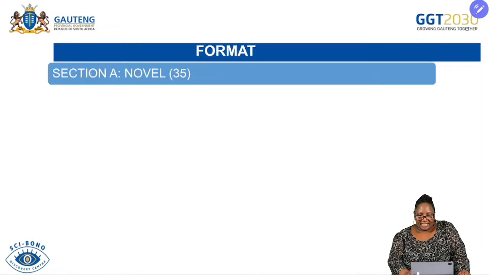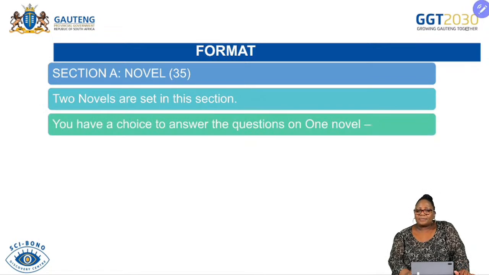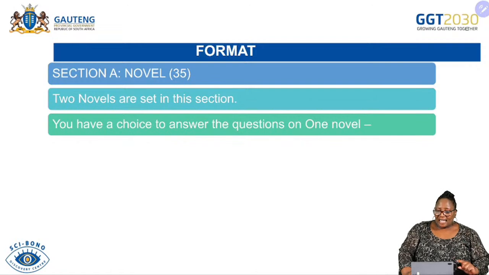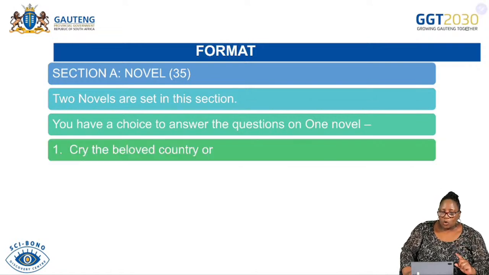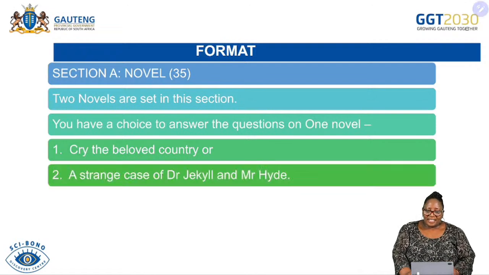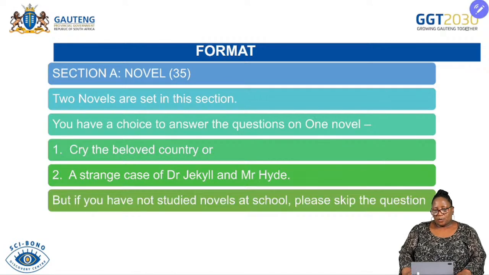Follow the instructions. Section A is about the 2 novels. You have a choice to respond on 1 novel, either Cry, the Beloved Country or The Strange Case of Dr Jekyll and Mr Hyde.